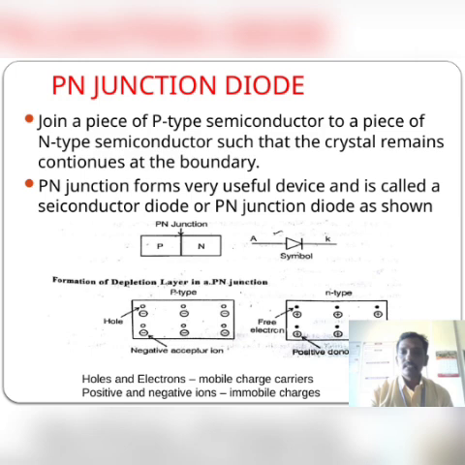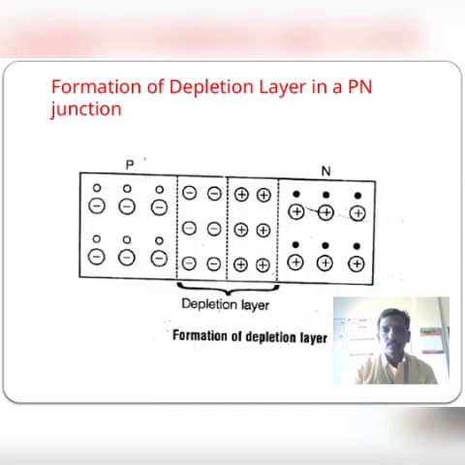Here is the construction of this PN junction. There are two layers, P and N. The P contains holes as the majority charge carriers, and N contains electrons as the majority charge carriers. The holes are ready to accept the negatively charged ions, and N is ready to accept the positive ions.